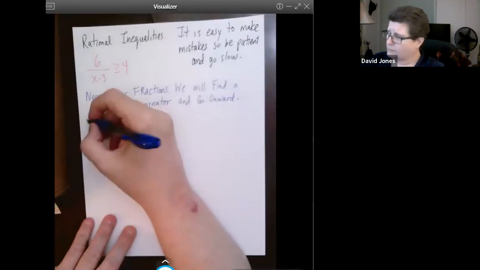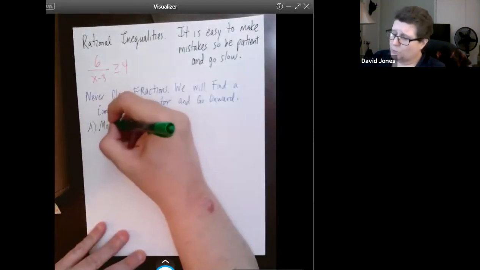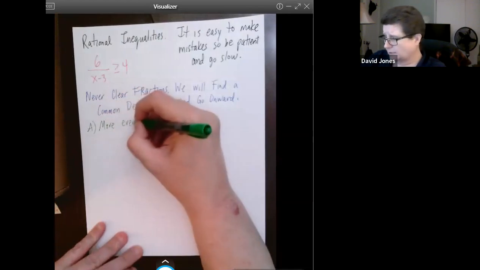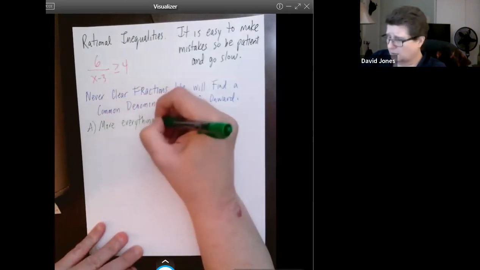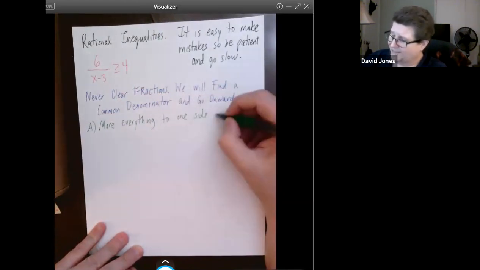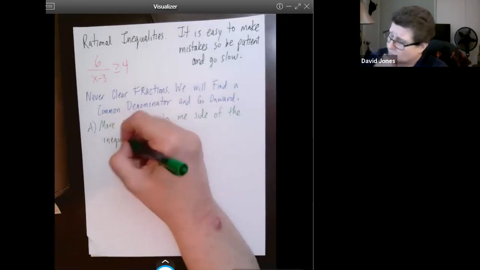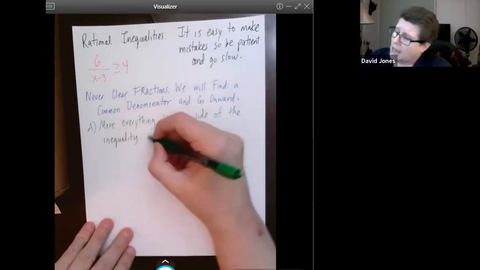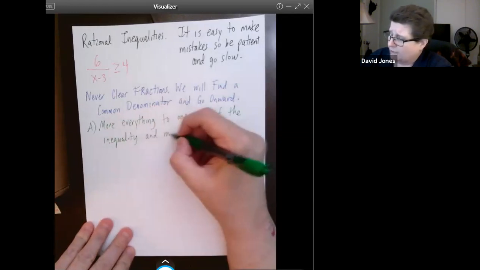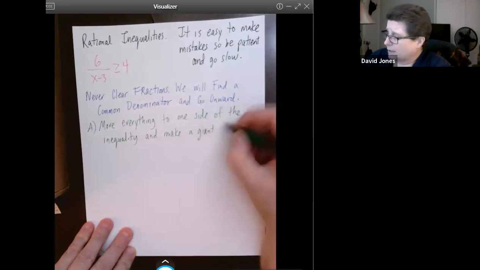So what I'm going to do is move everything to one side of the equation, or the inequality, I should say. And make a giant fraction by finding a common denominator.